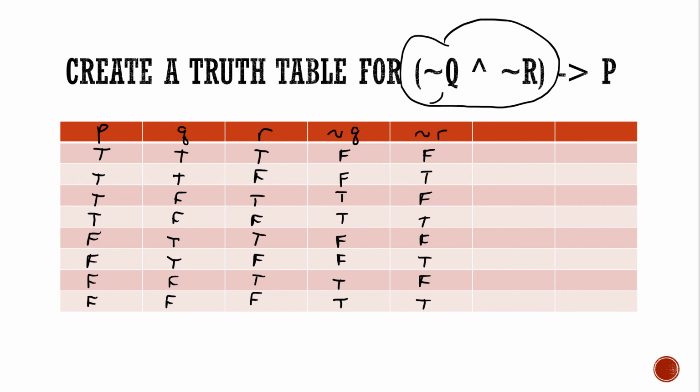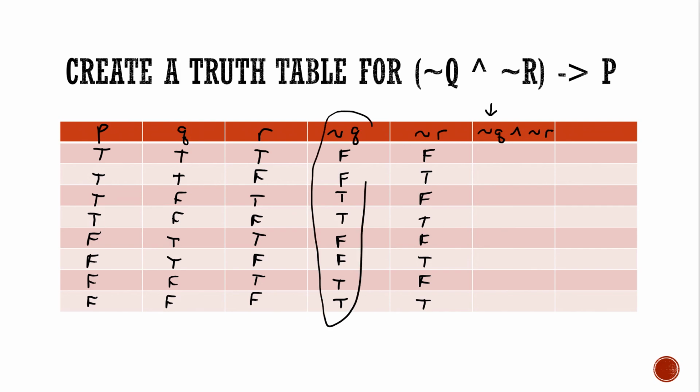So I now have done the negation of Q, the negation of R. I now need to put them together, right? So that needs to be my next column. So negation of Q and negation of R. And that will finish up the left-hand side. Now again, we want to do some copying. So I want to copy under the negation of Q, I want to copy these values down.